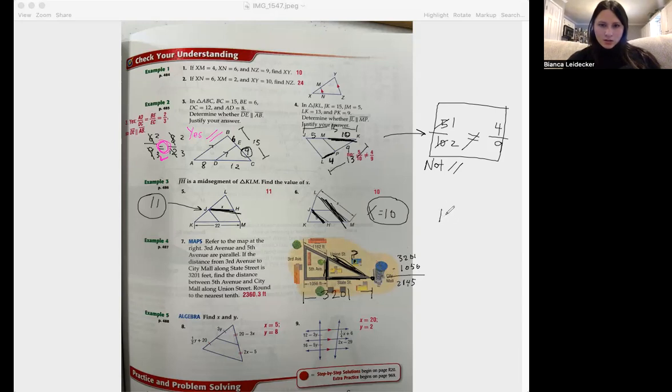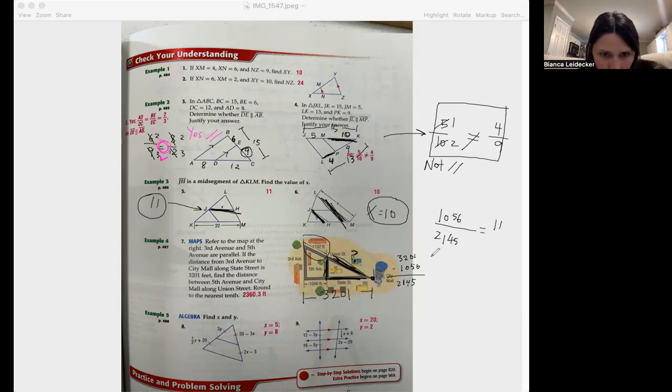Now I can set up my ratios. That means 1,056 over 2,145 is proportional to this side over here, 1,162, I believe. If I can see this correctly, it's hard to see. My picture is very small. Over X. What's along Union Street there.